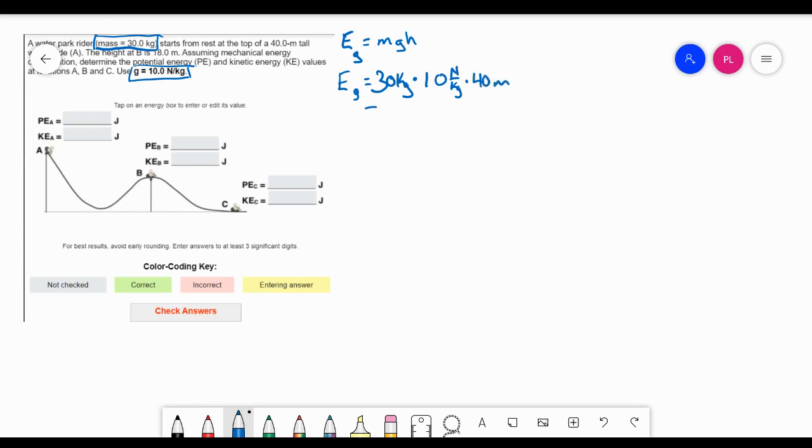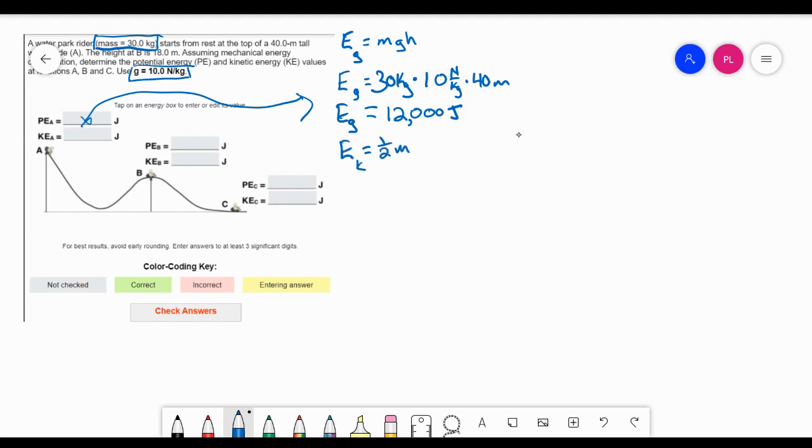So if we go through and multiply that out, 30 times 10 is 300, times 40, 3 times 4 is 12, and then I've got 3 zeros, 1, 2, 3. So the gravitational energy at A is that 12,000 joules.